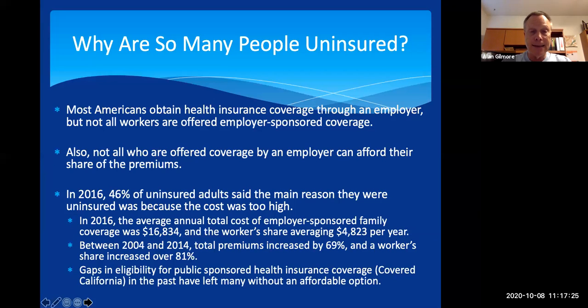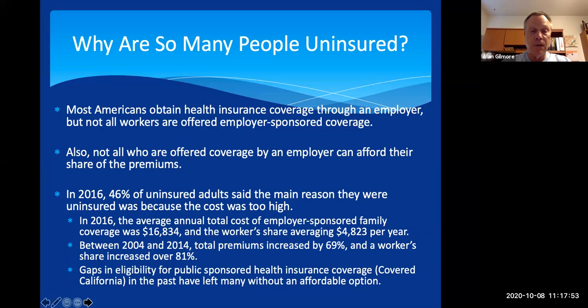In 2016, the average annual total cost of employer-sponsored family coverage was $16,834, and the worker's share averaged $4,823 per year. Between 2004 and 2014, total premiums increased by 69%, and a worker's share increased over 81%.